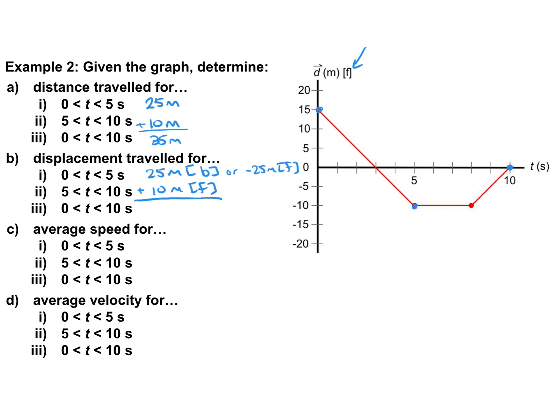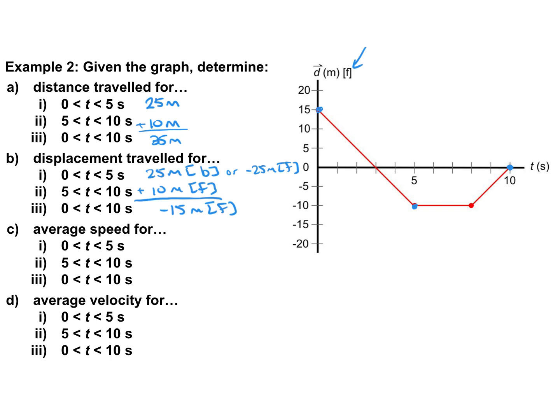So we're actually adding -25 to 10, and that makes -15 meters forward. So I'm just highlighting that there is a big difference between distance and displacement. The distance here, the answer is 35 meters, but the displacement, the answer is -15 meters forwards, or +15 meters backwards.